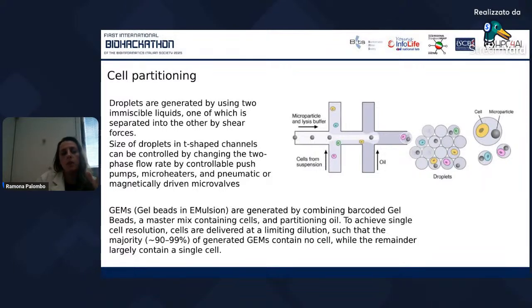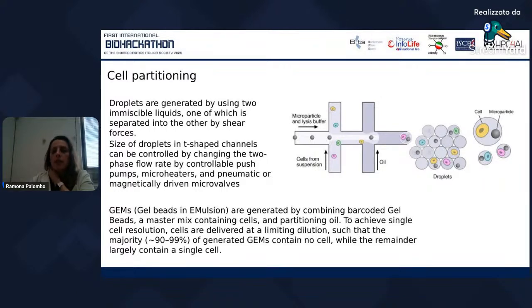The specific goal is to obtain for a single droplet one cell and one microparticle, but it could happen also that some droplets are empty or contain just one cell, or maybe two cells, why not, or maybe just one microparticle.